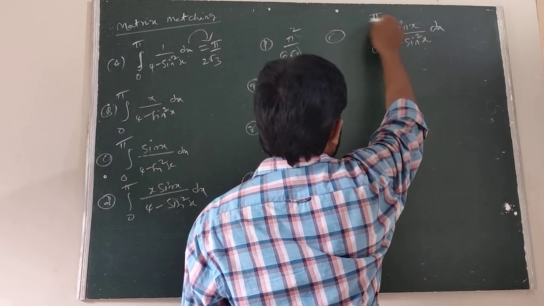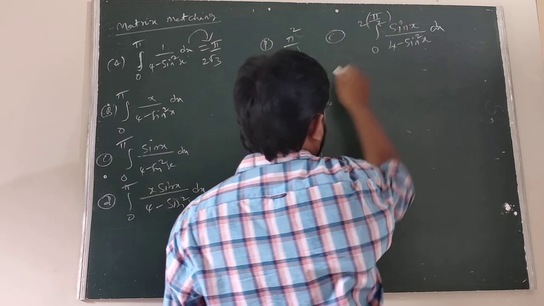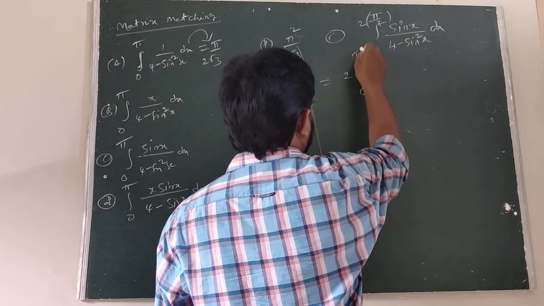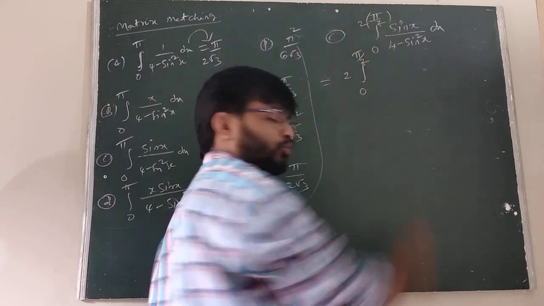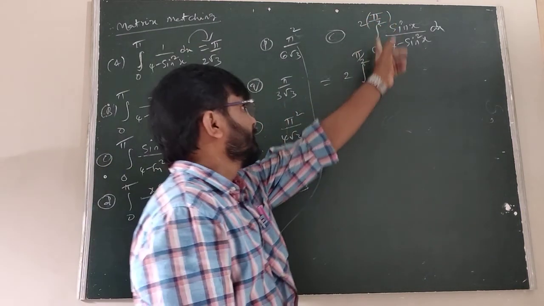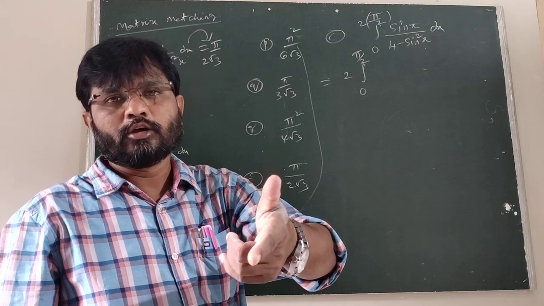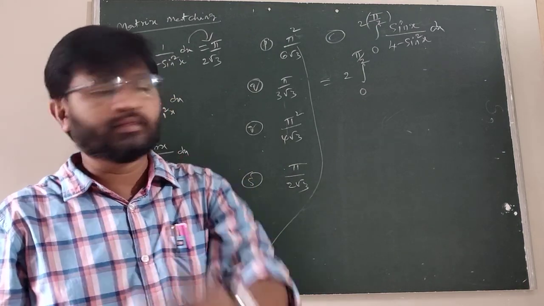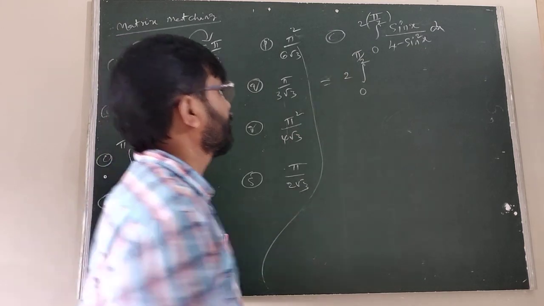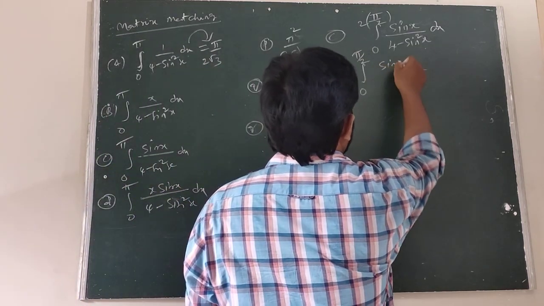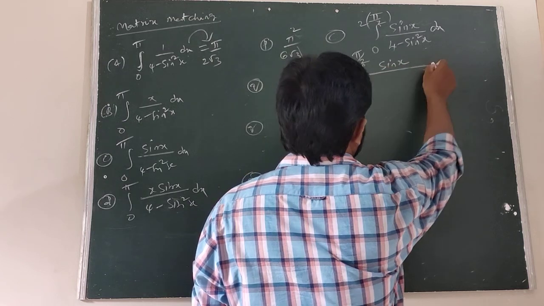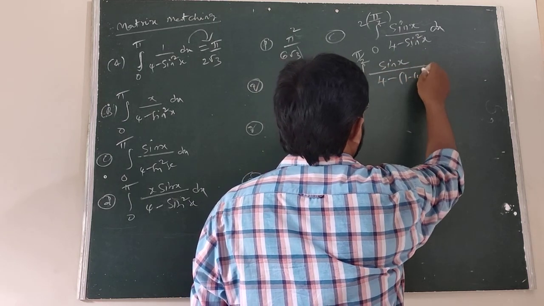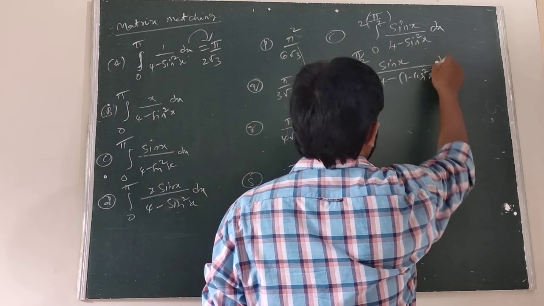Therefore this can be written as 2 into the integral from 0 to pi by 2. This is compared with the integral 0 to 2a, when f of 2a minus x equals f of x, that is 2 into the integral 0 to a. After that we can write sin x over 4 minus sin square x, where 4 minus sin square x is 1 minus cos square x... into dx.